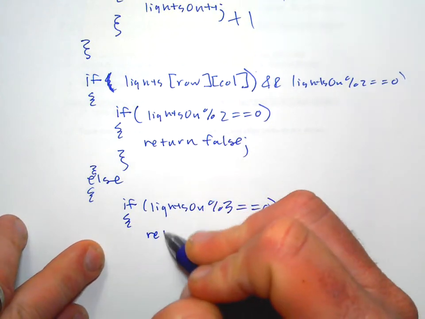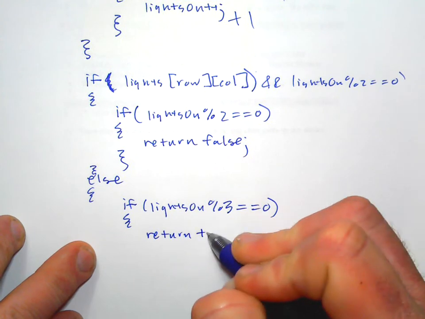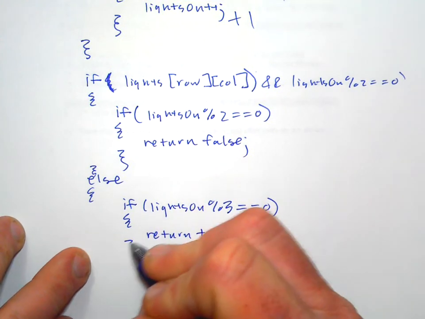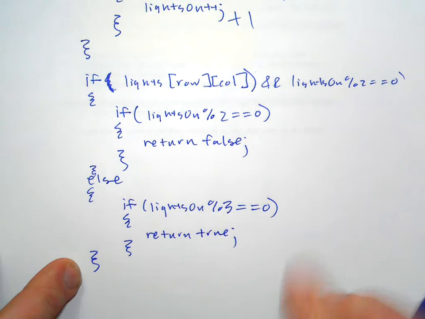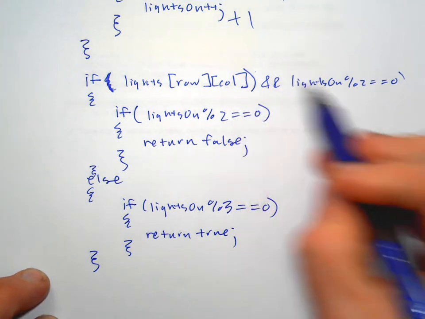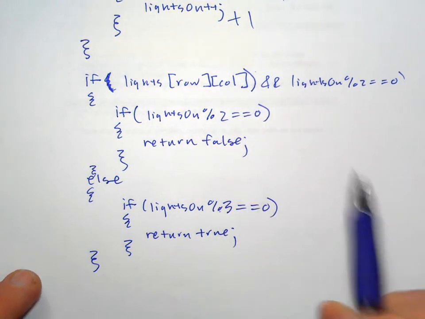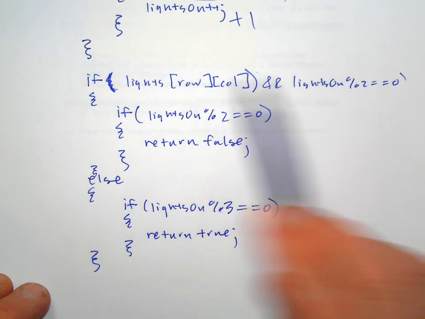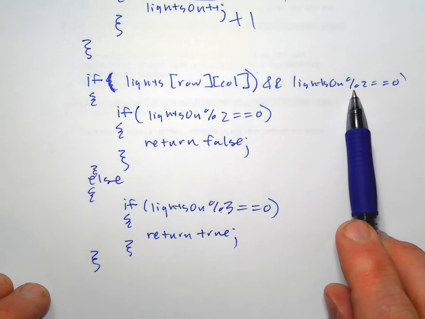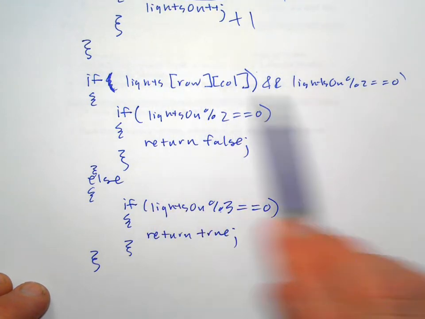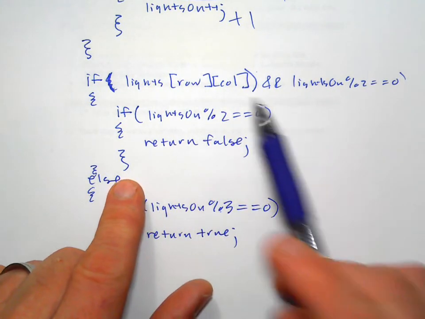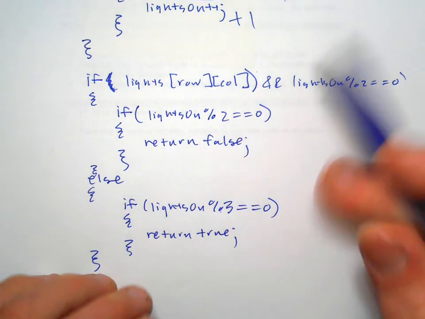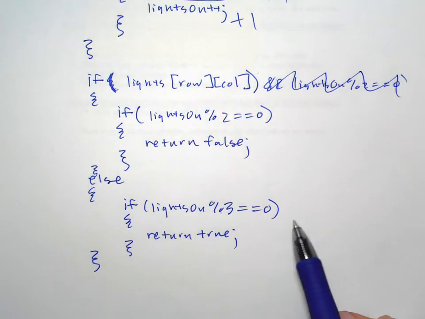Then you return true. But if you did it like this, you couldn't do this, because if this was false, it could have meant that both of these things were false or one was false. So just because this whole thing is false doesn't mean that the light is off. The light might have been on. So that's where this might be a little better.